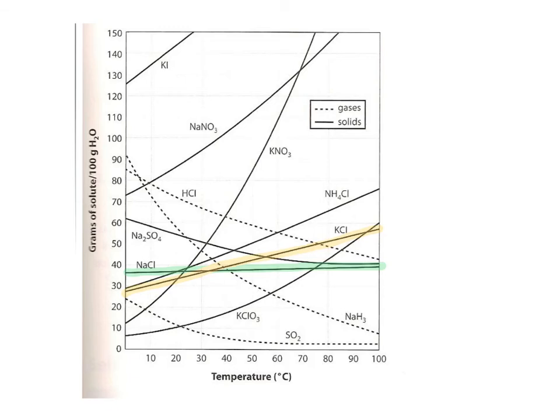So they cross at approximately 30 to 33 degrees. So yellow, potassium chloride, is lower at temperatures less than 32. And then, of course, sodium chloride is going to be lower at temperatures greater than 32, because the green line is lower than the yellow line.